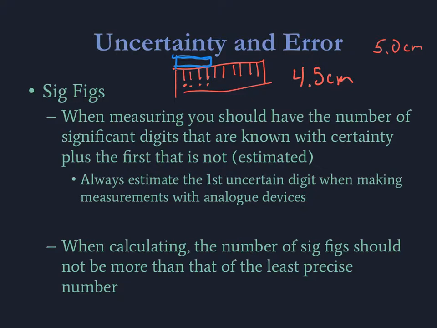When we carry significant figures through our calculations, our significant figures should always go to whatever the least number of significant figures is. If you have one measurement that is 5 and another measurement that's 3.467, the most significant figures that your value can have is 1, because the lowest amount of significant figures dictates the final value.